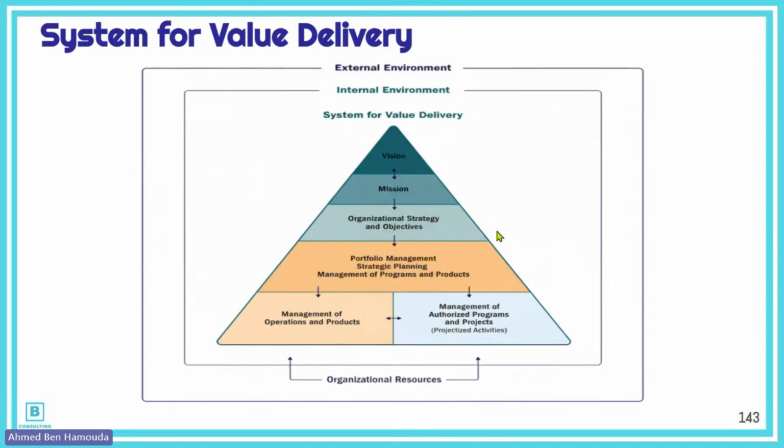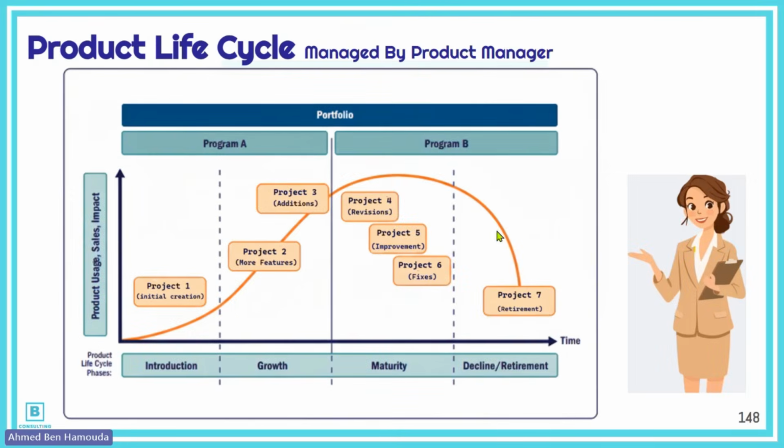Okay, I think I have a better one. Yeah, here it is. This is a program life cycle. This is PMP, by the way. This is not program management. Sorry, this is the product life cycle. Inside that product life cycle, which spans years and years, there is program A with a few projects and program B with a few projects.